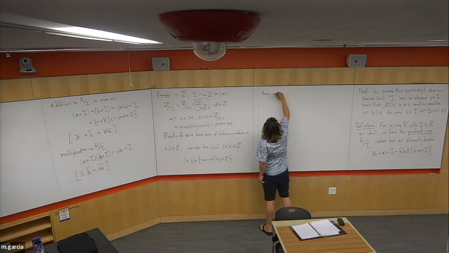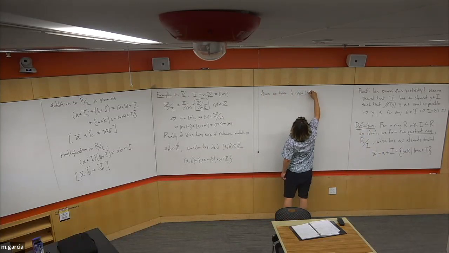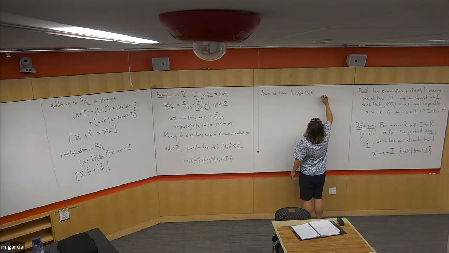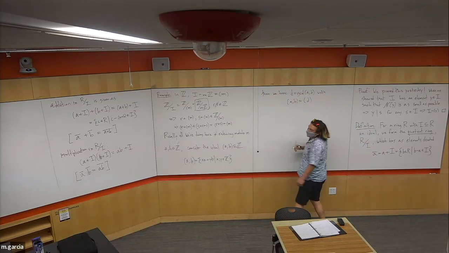Then we have D equal to the GCD of A and B, with the ideal generated by A and B equal to the ideal generated by D.